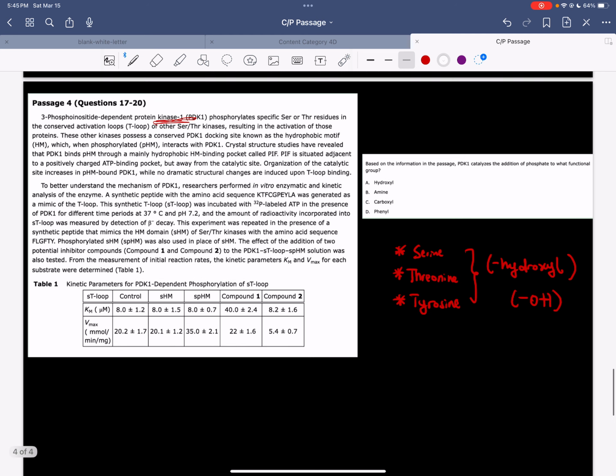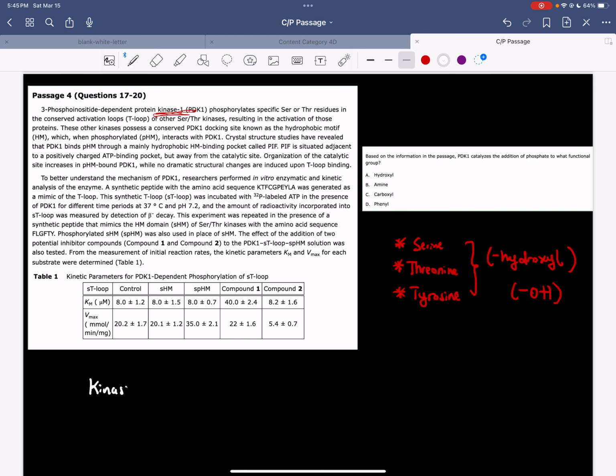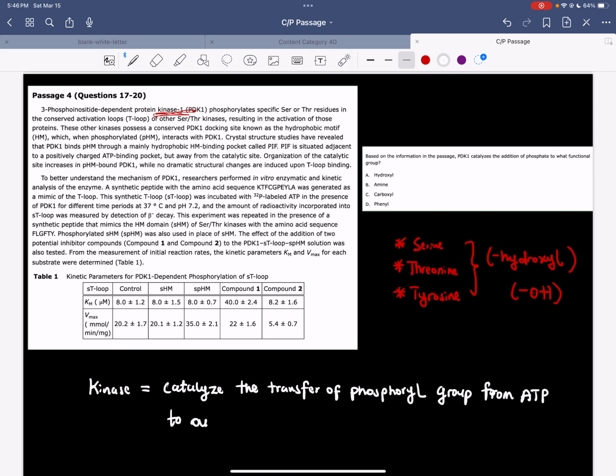And kinases catalyze the transfer of a phosphoryl group from ATP, the currency they use, to our substrate of interest. So now the question is asking, PDK1 catalyzes the addition of what functional group?